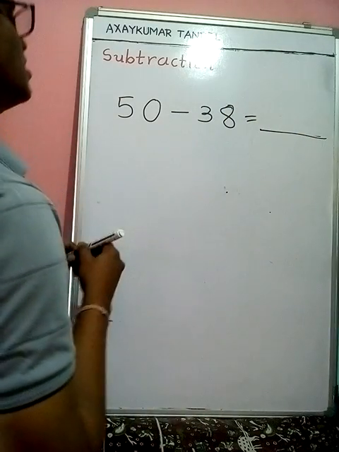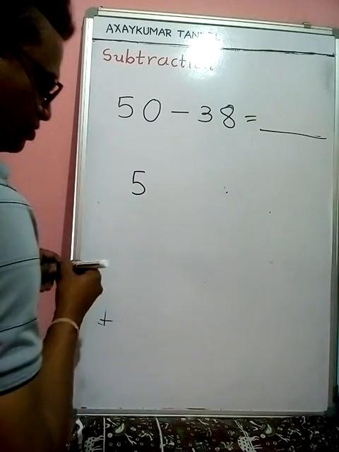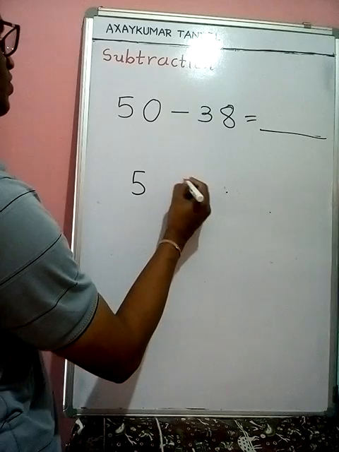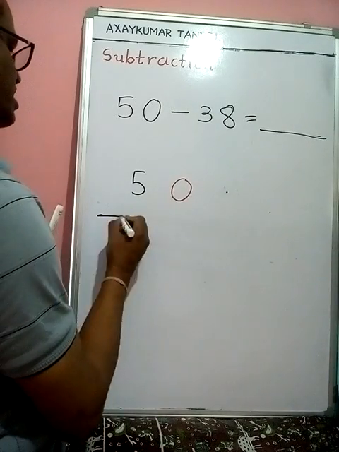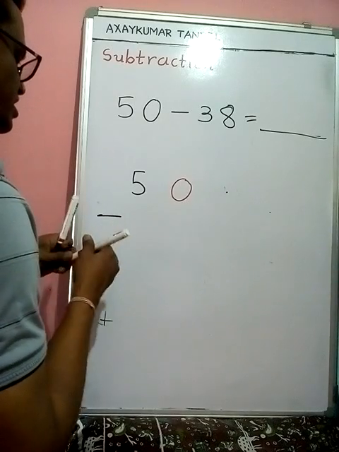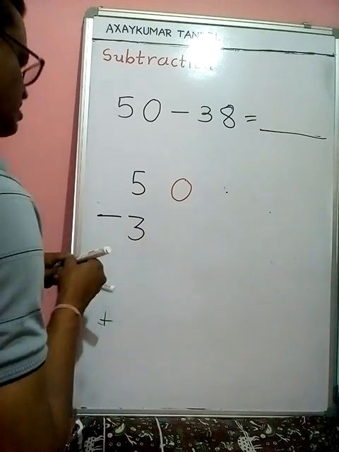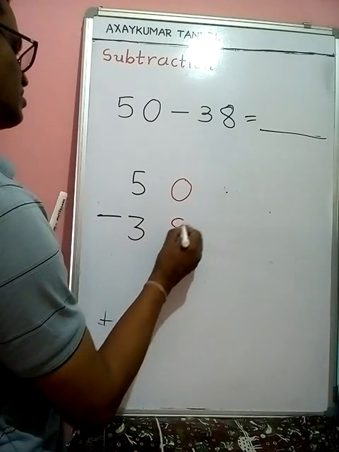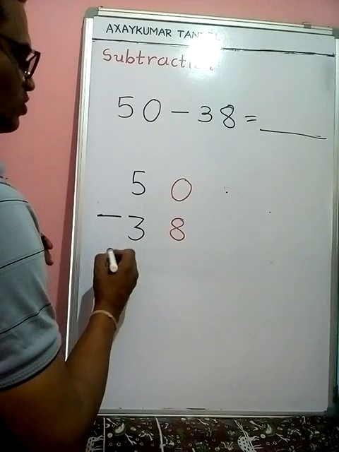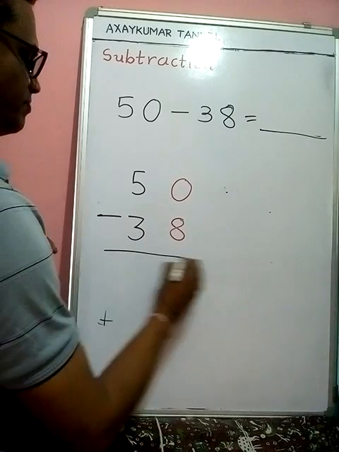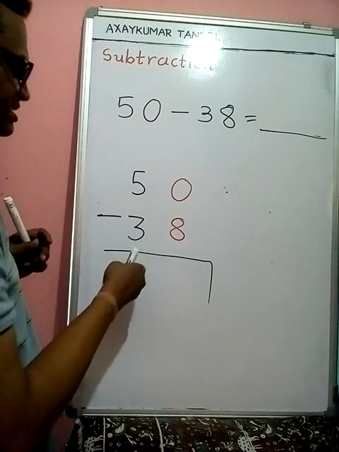Yes, so we write 5, 0, 50 minus 38. 3 with black color and 8 with red color, for good understanding of the units column and tens column. Red color is the units column and black color is the tens column.